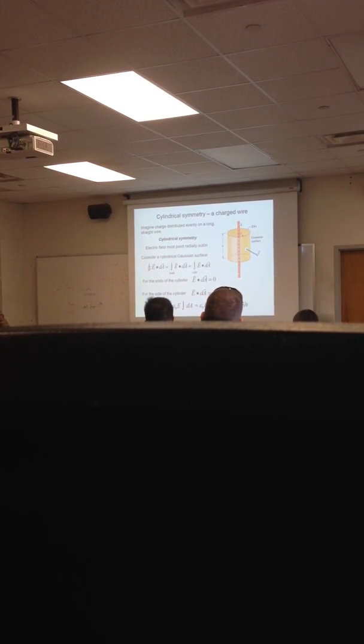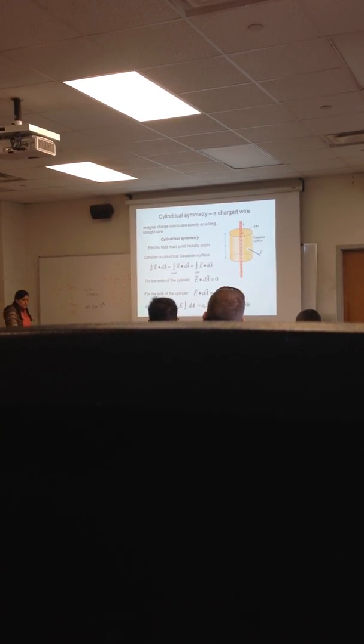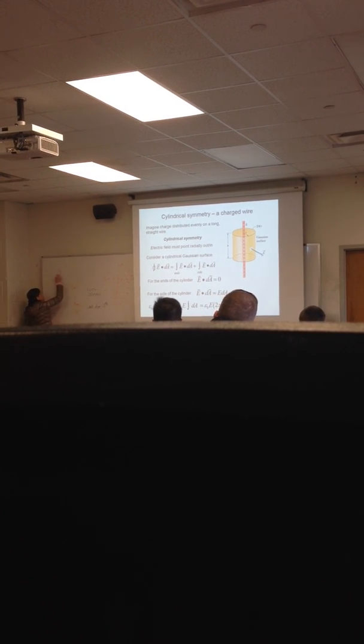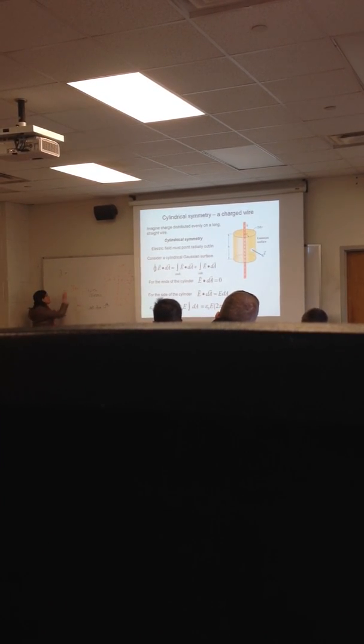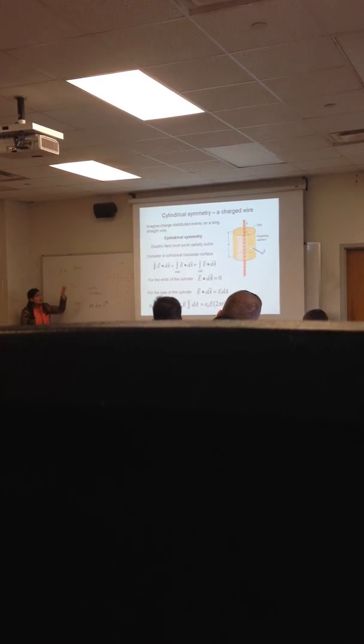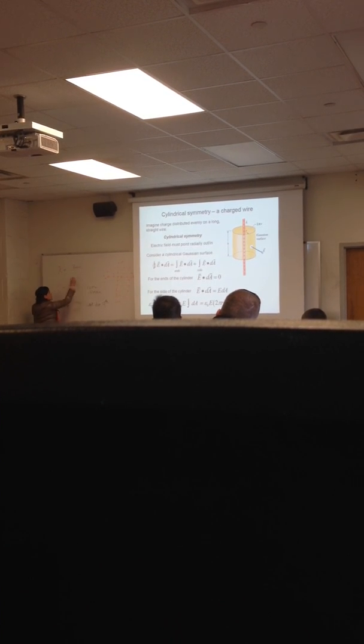How do I write the charge enclosed in terms of lambda? Again, what is charge enclosed here? It's a line of charge. So now, instead of being rho, it's what? What is lambda? Q enclosed per unit length. How do we write length in this case?